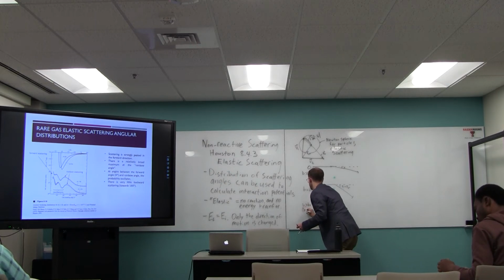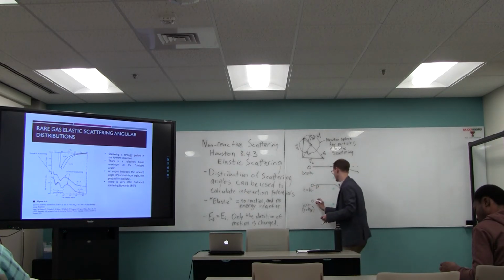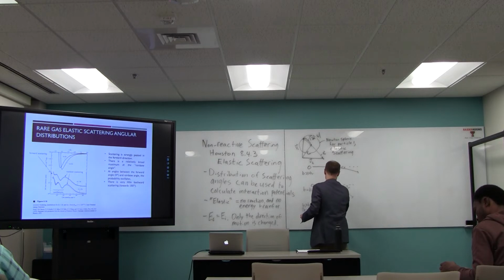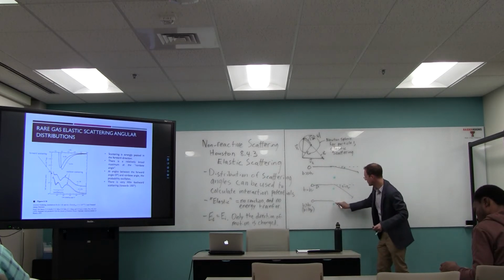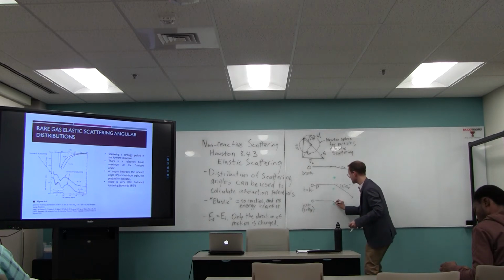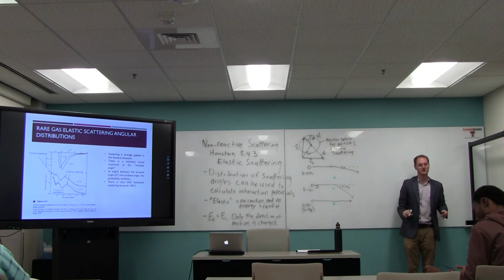In this particular case, I'll draw the glory scattering angle. So basically, you're going to feel an attraction, but then you're also so close to this atom, you're going to start feeling the repulsive part of the interaction, right?